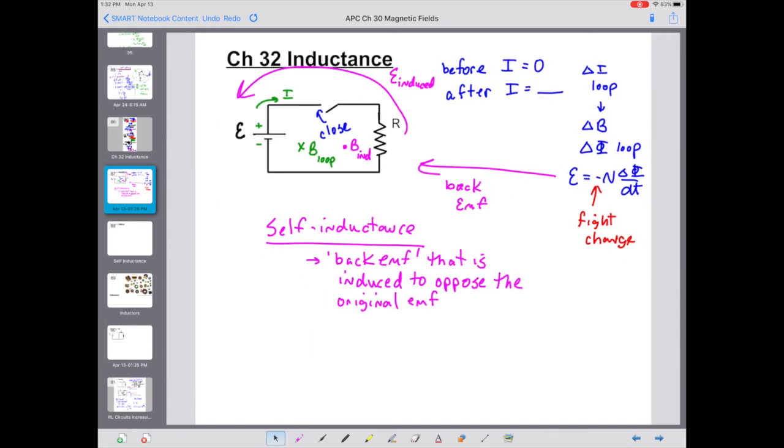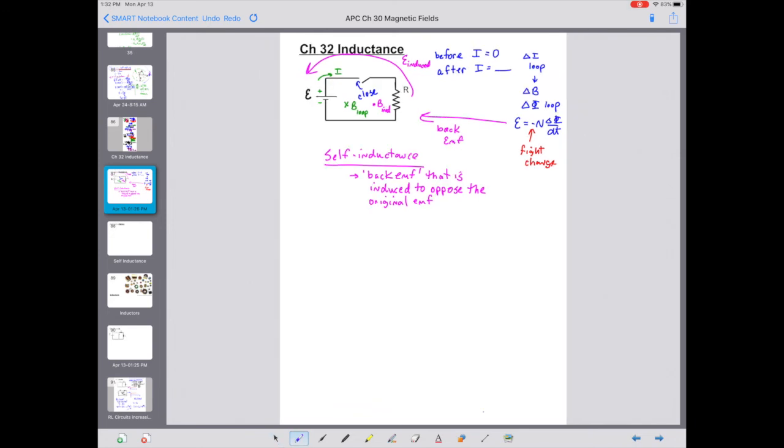Now, if we think about that back EMF, the self-inductance, that back EMF is going to be related to the current, but not just the current, the change in the current. It's going to be proportional to a di dt. If we're going to set up an equation, all we need is a proportionality constant.